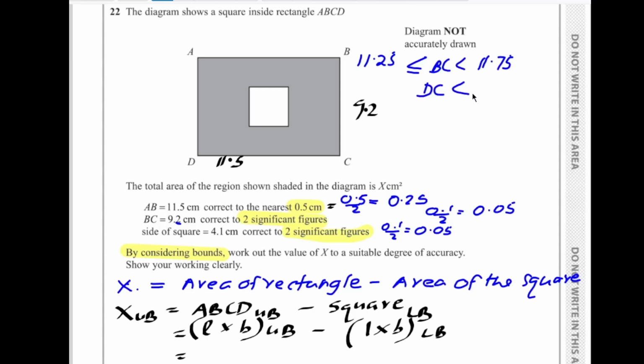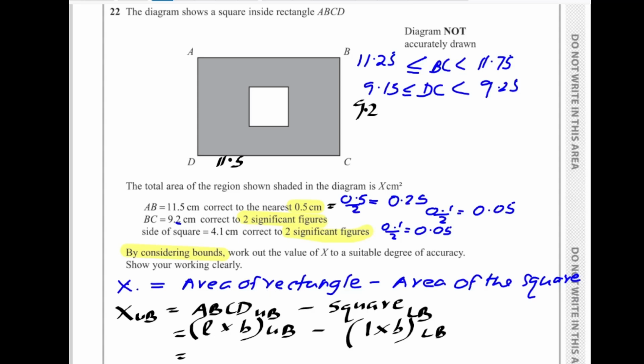So what about DC or AB? It is 9.25 and 9.15. So same way we need to add and subtract this much from the original measurement.